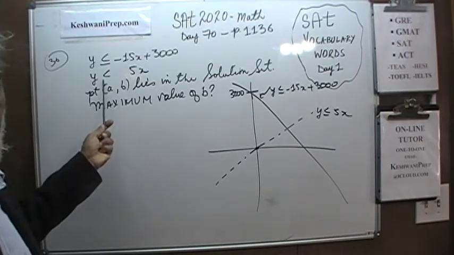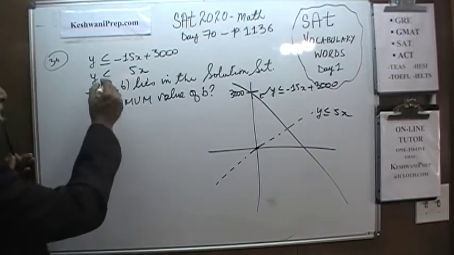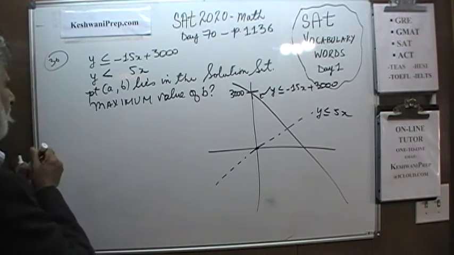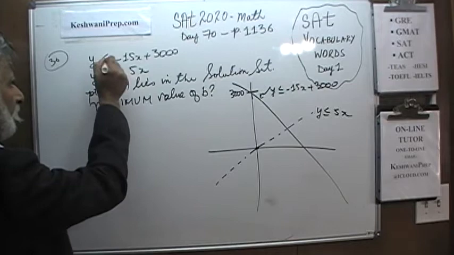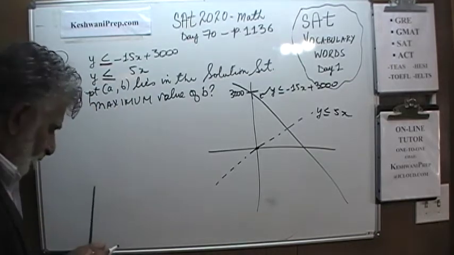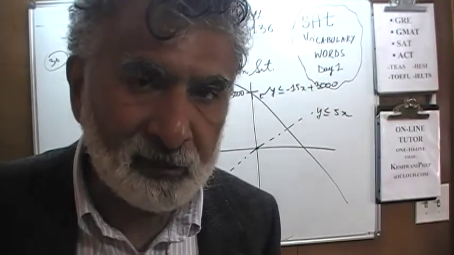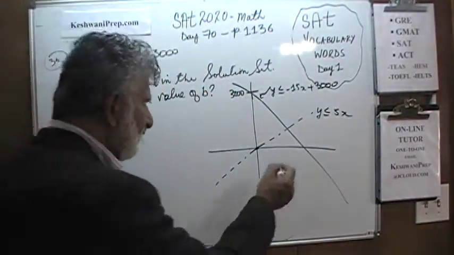But in fact, what we are dealing with here is y is less than or equal to. Similarly here, y is less than or equal to. In other words, all the points that lie on these two lines are also part of the solution set. So let's make it a solid line one more time.